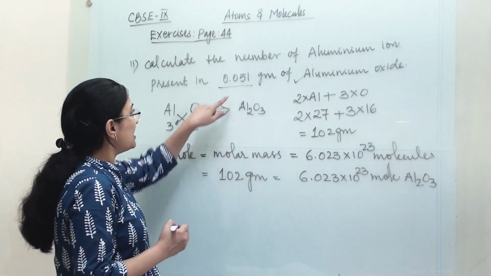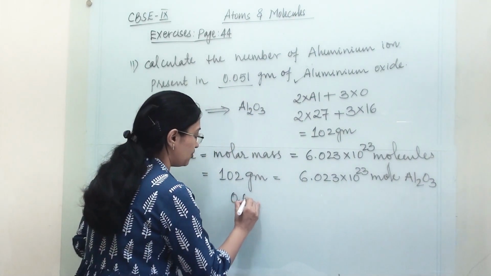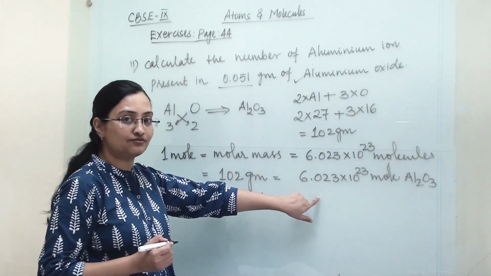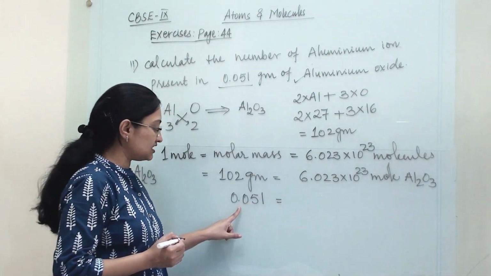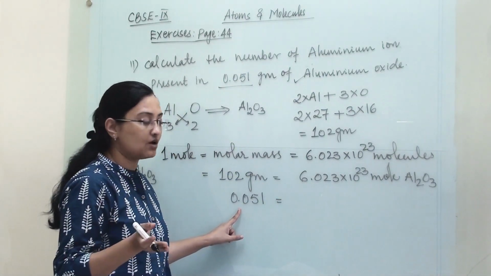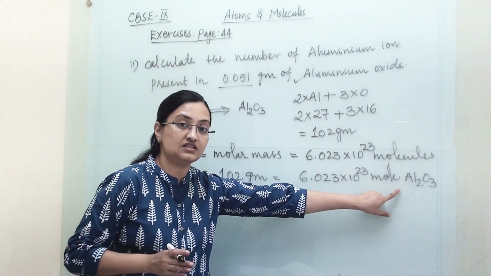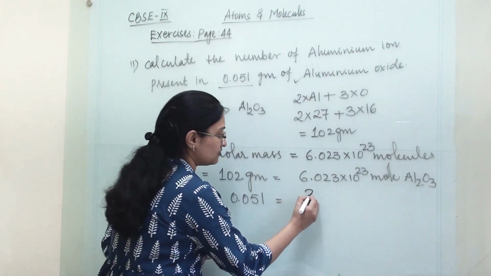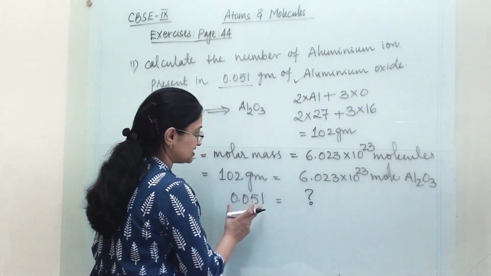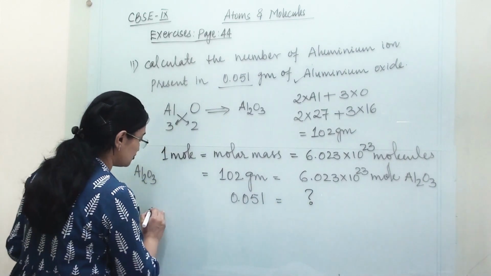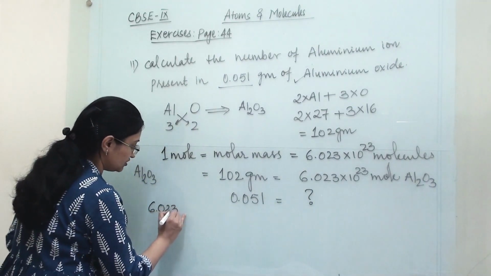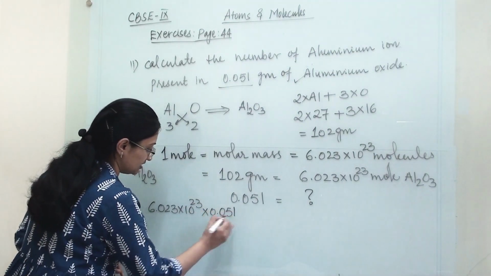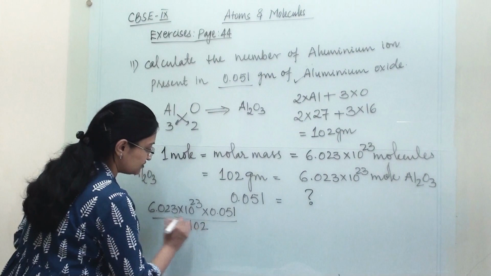Now we have this weight, 0.051. So first we are going to find out how many molecules are present in this much weight, and then we will find out how many atoms are present. So that is going to be 6.023 × 10^23 into 0.051 divided by 102.